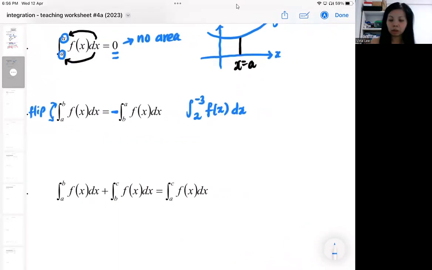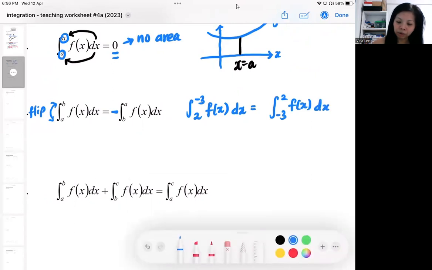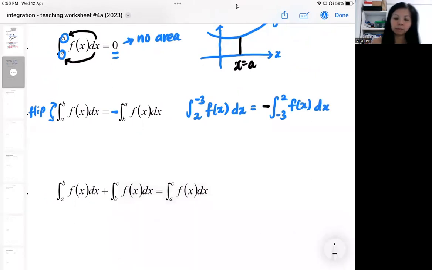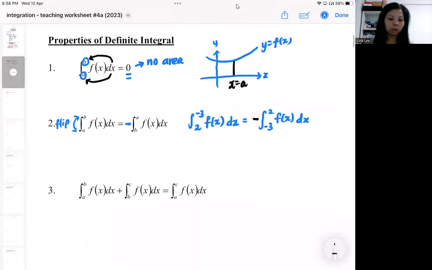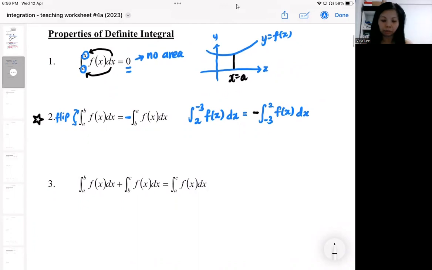So the smaller one is on top. You want to flip it at the bottom. You can change the position, but you add on a negative. So that's the property. This is one of the more important ones because you must remember this property. The bigger number on top, the smaller number below. If it doesn't match the property, please do this.